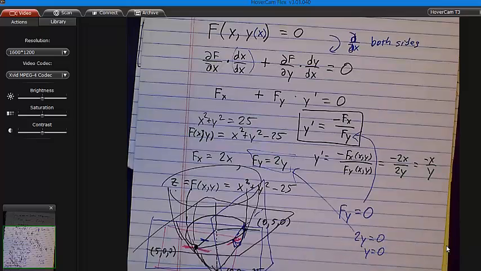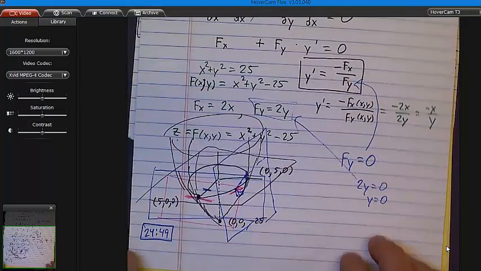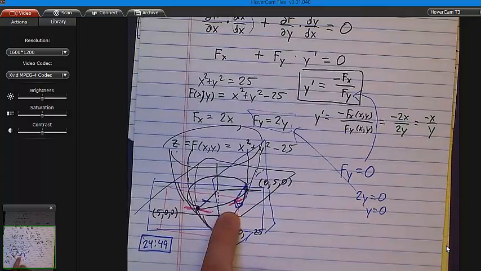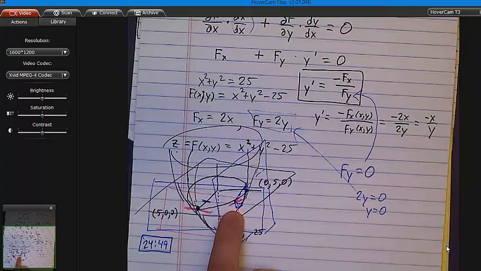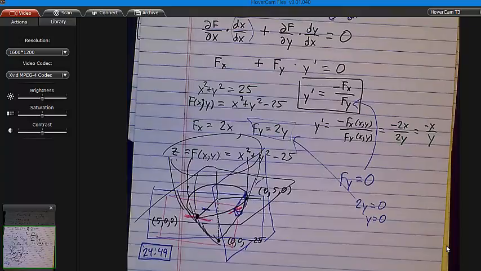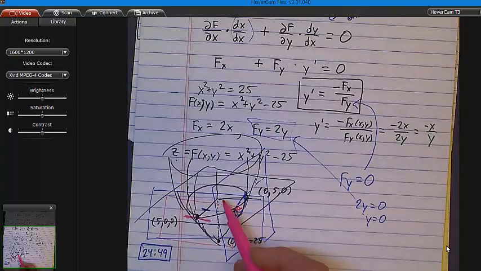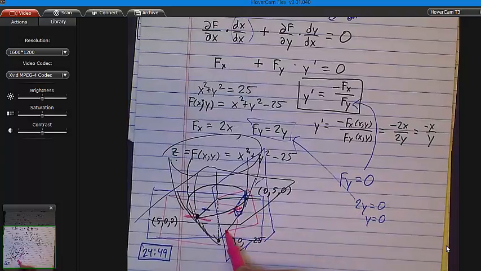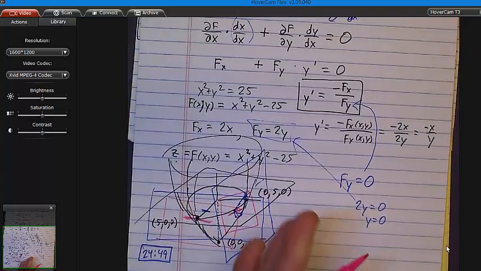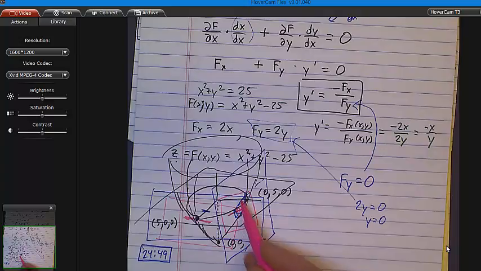So, it turns out, if you really want to understand the geometry in this problem, you need the tangent plane, the plane tangent to this paraboloid.